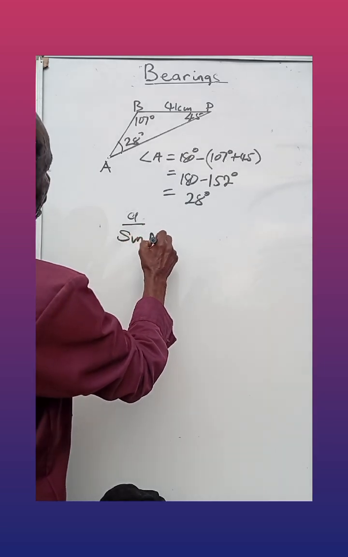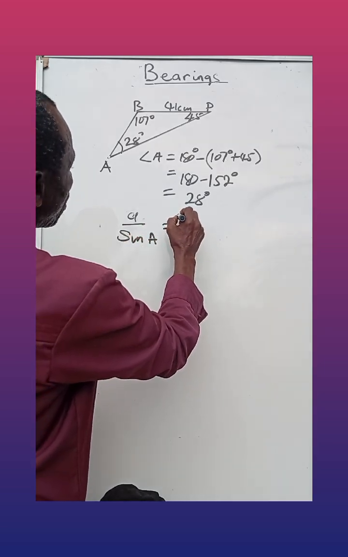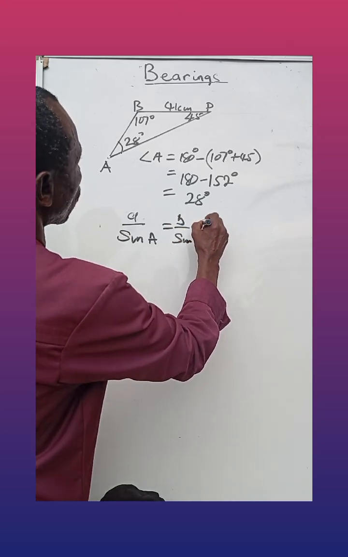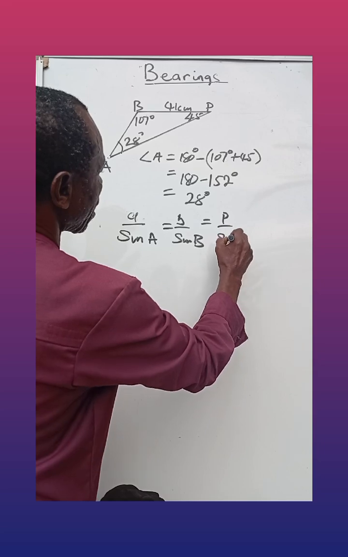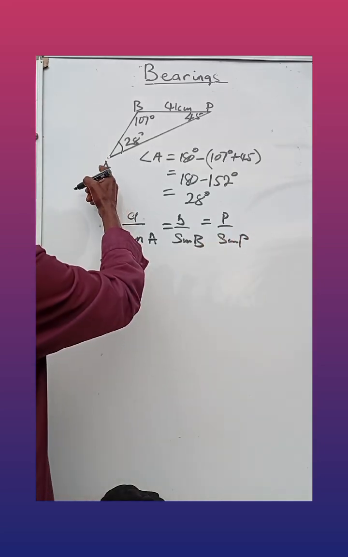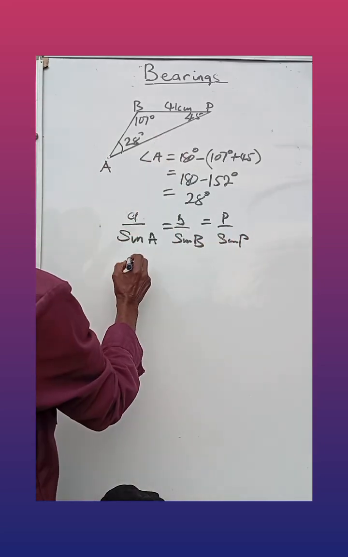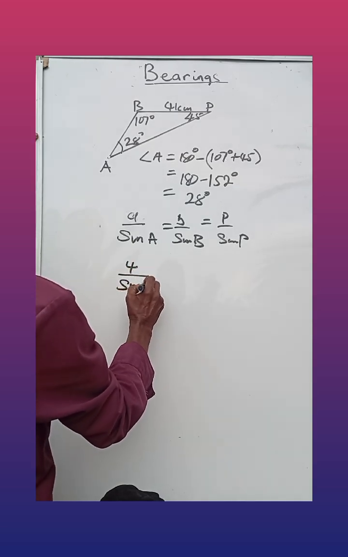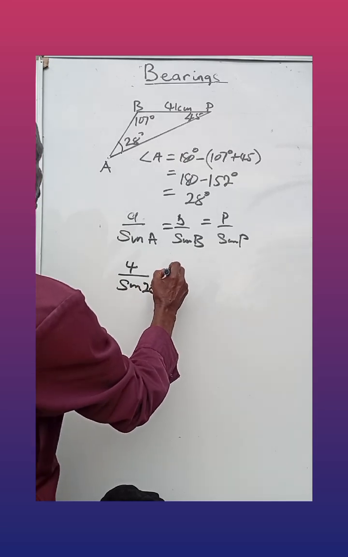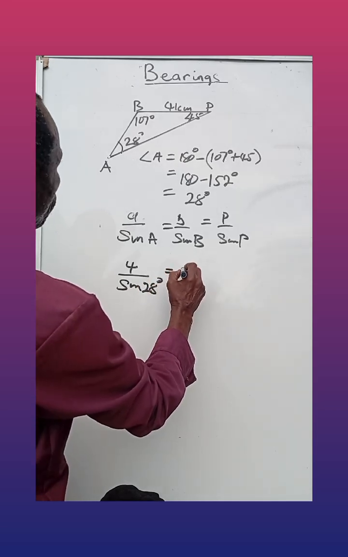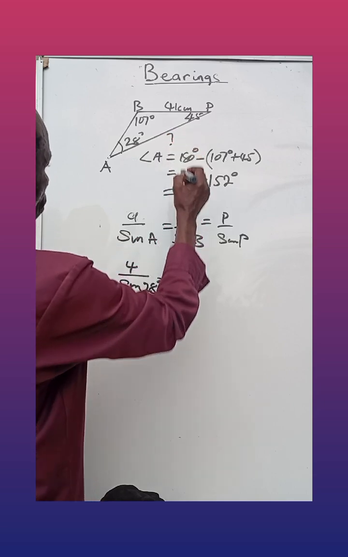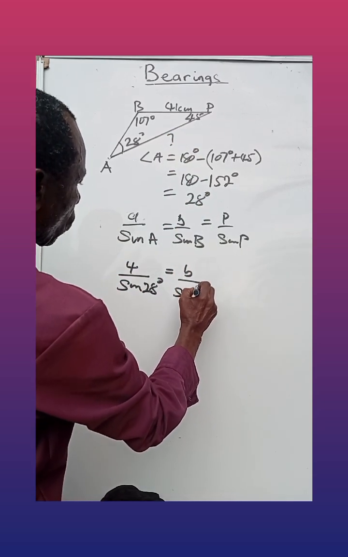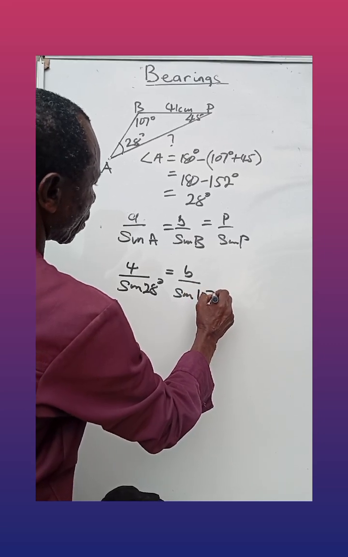So I have a over sine A equals b over sine B equals p over sine P. And this is my A. So what's my small a? 4 over sine 28 degrees equals, this is the side I'm looking for, I call it small b, b over sine 107 degrees.